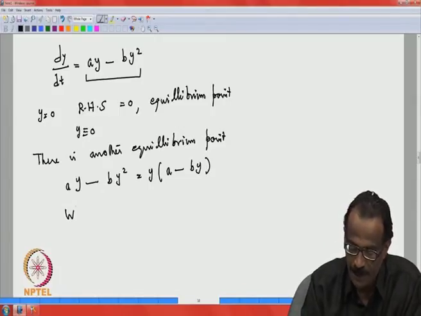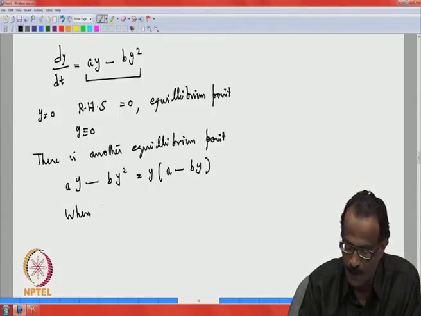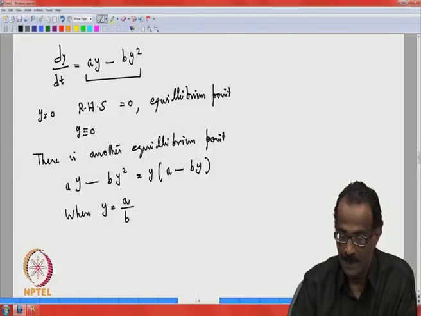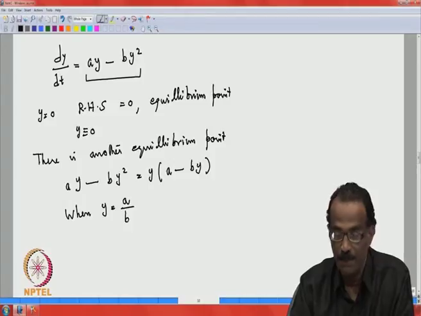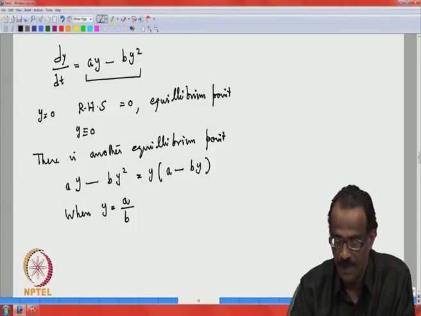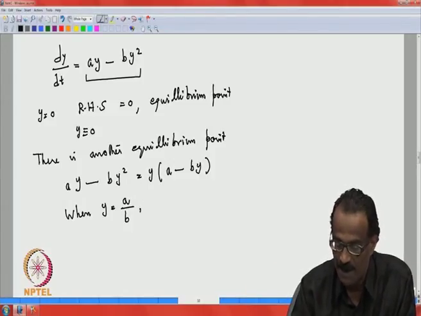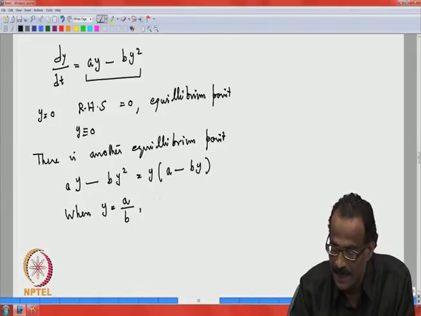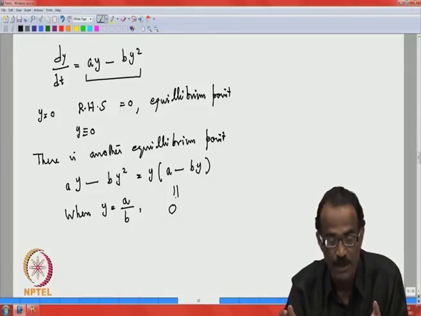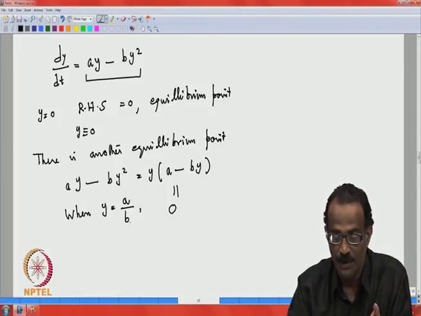So when y equal to a by b, one more point here, normally b is very small compared to a, that is a fact you have to note. Then again this is 0. So again you have a second equilibrium point when y equal to a by b.